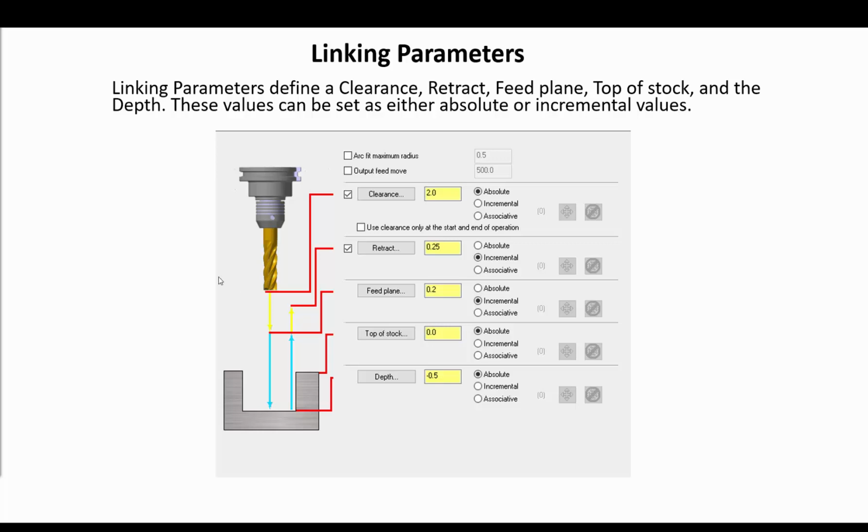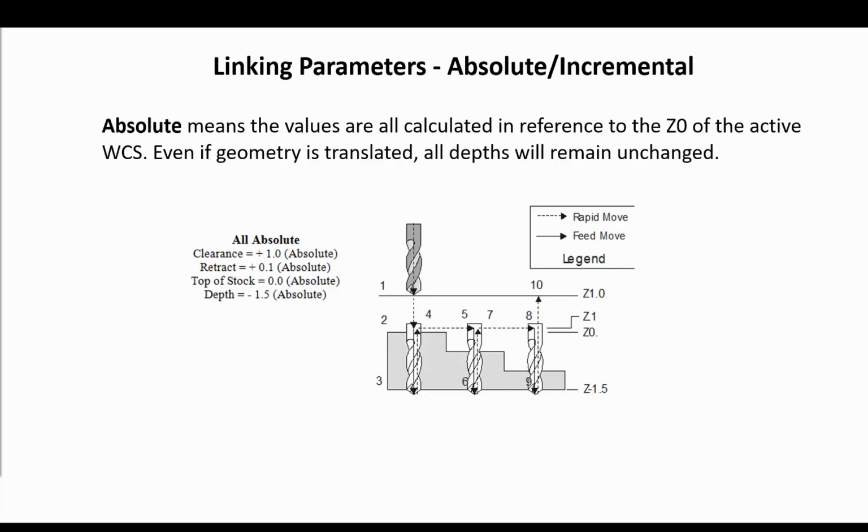Absolute means the values are all calculated in reference to the Z0 of the active WCS. Even if the geometry is translated, all the depths will remain unchanged. As you can see, clearance is set to absolute, so at the beginning it will rapid to the clearance, then rapid down to the retract value.